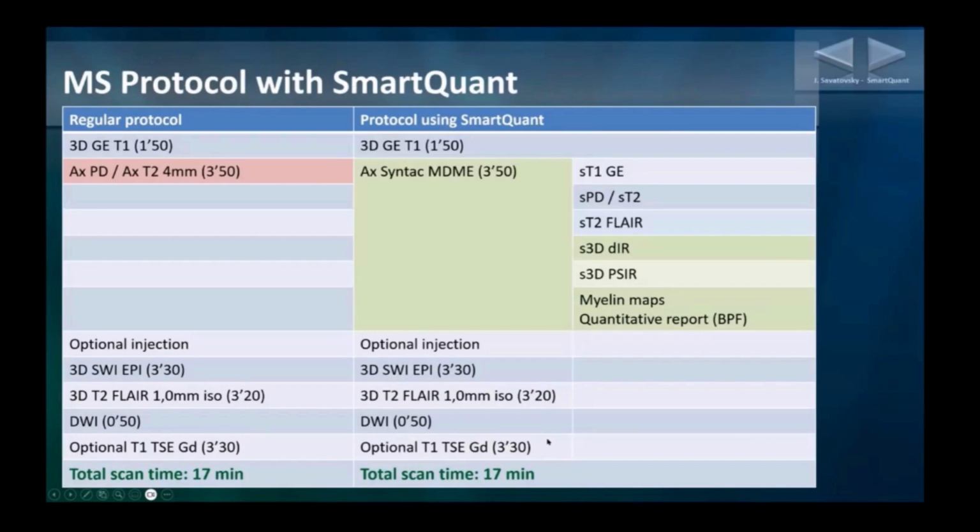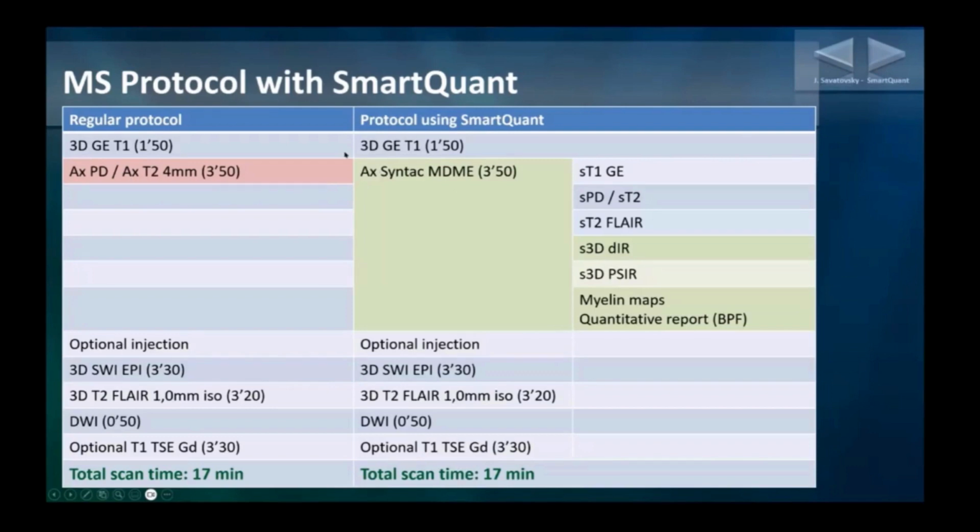So the DMS protocol with the 2D MDME sequence is pretty much similar to the one we used previously. We wanted to add no further scan time, so the scan time remains around 17 minutes, and we just replaced the actual PD and T2 that we have previously done with a 2D syntac.